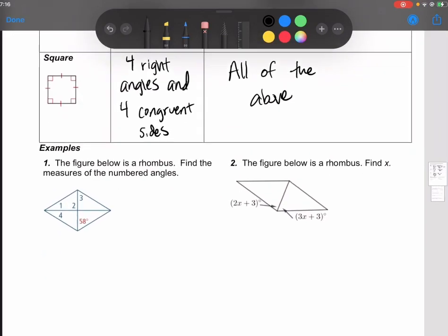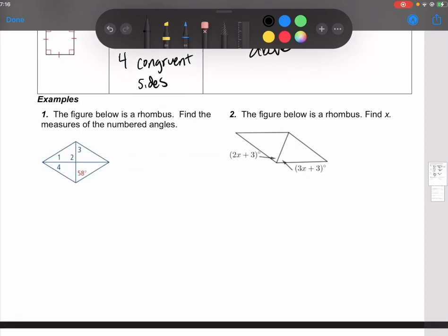So right now on number 1, we have a rhombus. The big thing you need to remember about a rhombus is that something special happens with the angles and the diagonals. One thing is that the diagonals cut at a 90-degree angle on a rhombus. So that means angle 2 is easy to find. That's just 90 degrees.